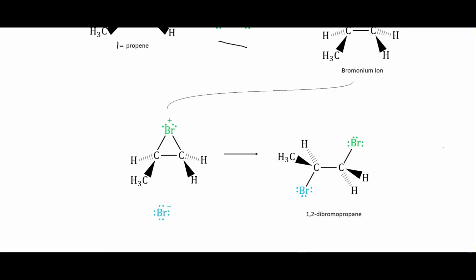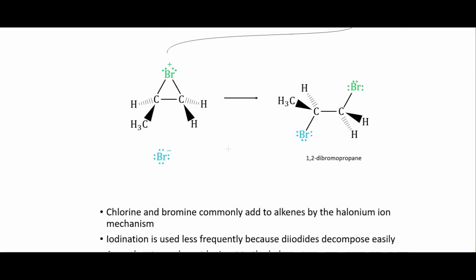We can then bring in another bromide right here. It could be the same one, it doesn't really matter. This is going to attack the carbon that has the most partial positive, which is going to be the most substituted one. We have partial positive on both of these carbons, but this one is more substituted.